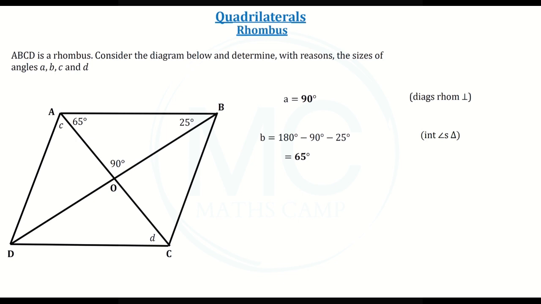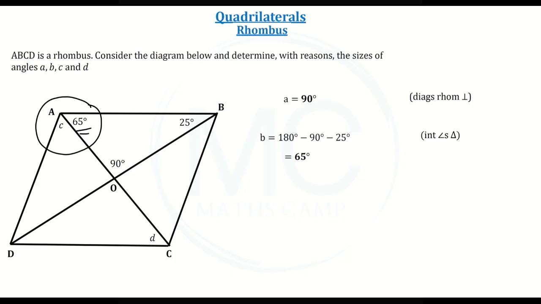We know that the diagonals of a rhombus bisect the interior angles. C and B both sit over here in interior angle A. The diagonals bisect angle A, which means that it cuts it in half. We've just found that B is 65 degrees.